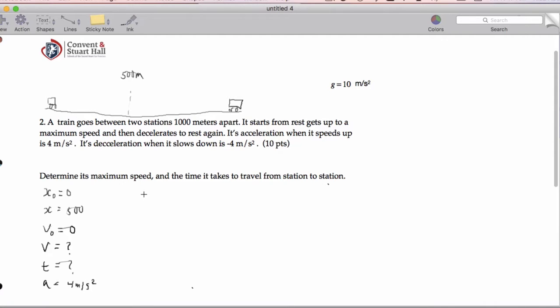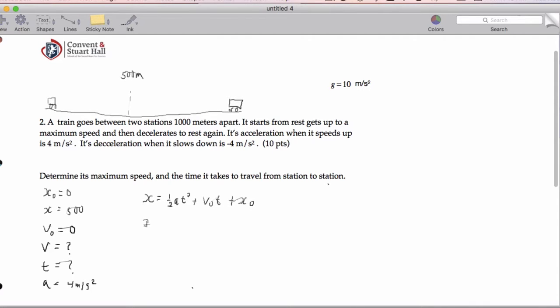So let's go ahead and figure out the time it's going to take to get to this 500 meter mark. So we have x equals 1/2 at squared plus v naught t plus x naught.